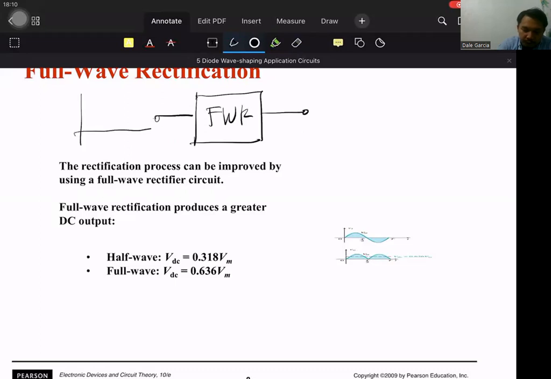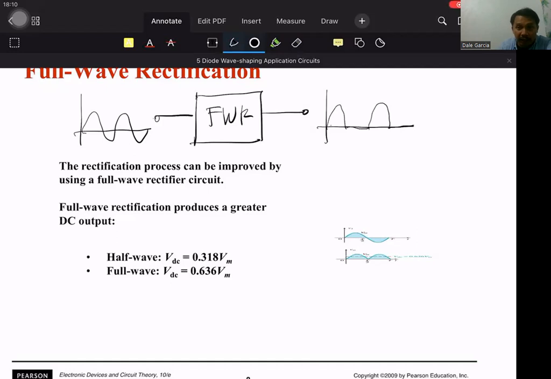So again, if this is our input signal, what would the output look like? The positive half cycle passes through the same way as in the half wave rectifier. But something wonderful happens in the negative half cycle.